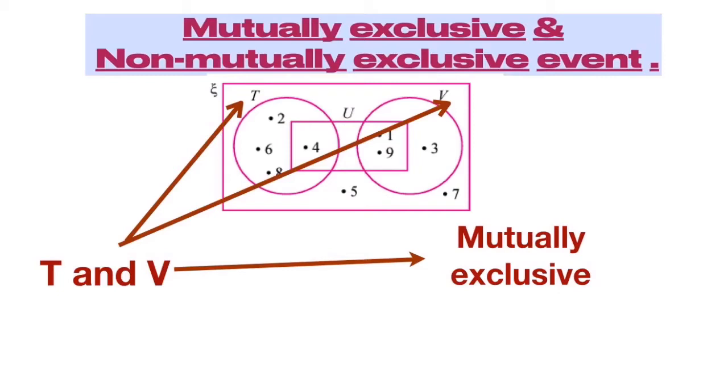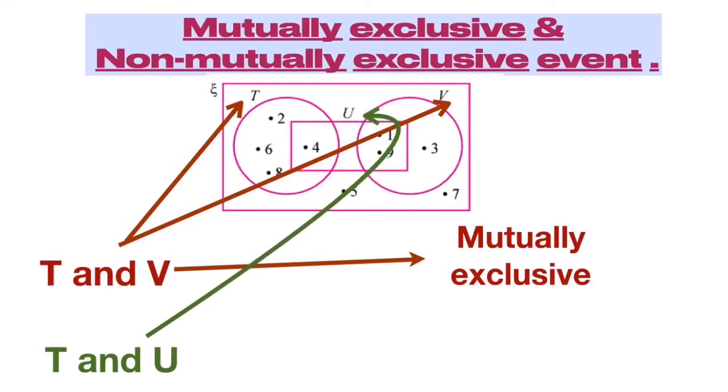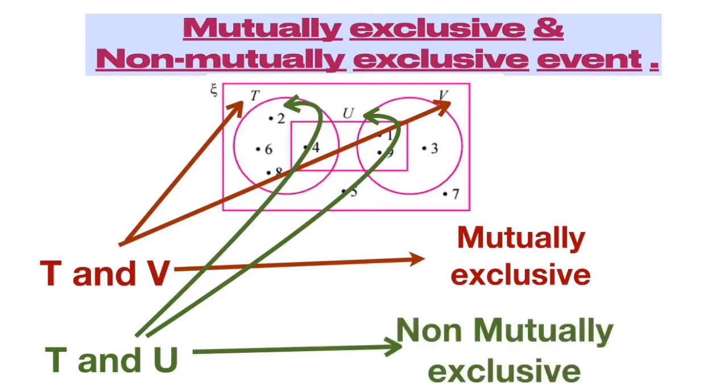Alright, T and U are intersecting at the element 4, which belongs to T and belongs to U. So T and U are non-mutually exclusive. Okay? If they intersect, non-mutually exclusive. Does not intersect, mutually exclusive.